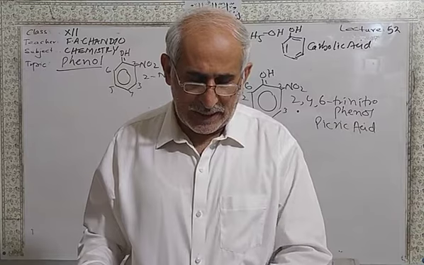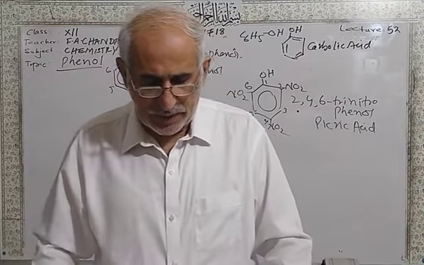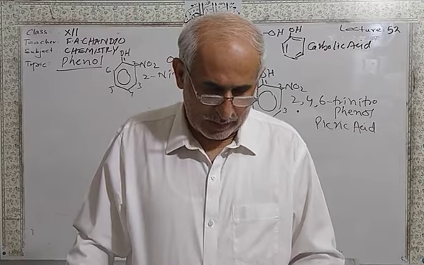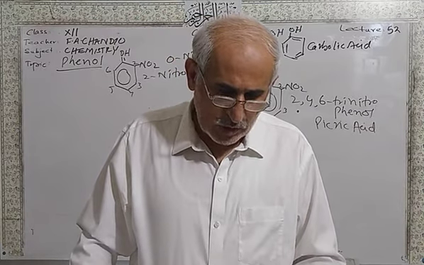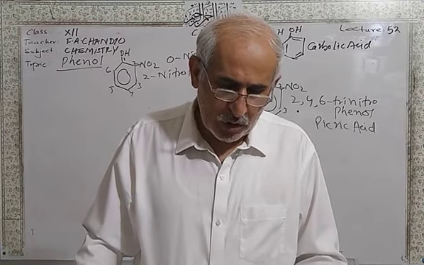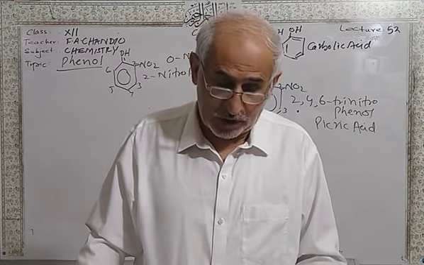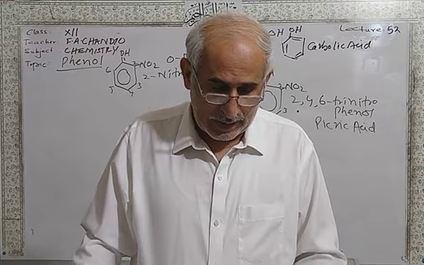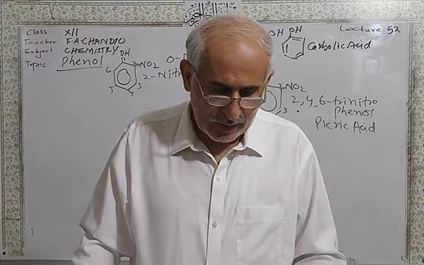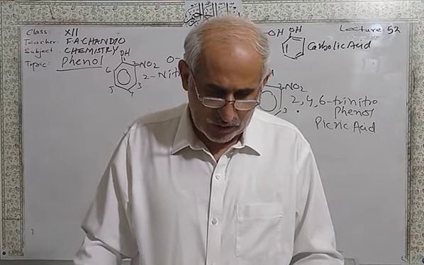Conjugation exists between an unshared electron pair on the oxygen atom and the aromatic ring. The result is, compared to simple alcohols, a shorter carbon-oxygen bond distance, and a more acidic hydroxyl proton.